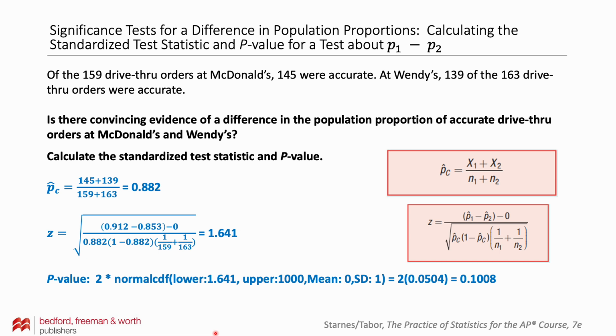So we can use the calculator or we can use our table A. But remember, you can use the normal CDF and just find one side and then double it, which we get 0.1008, which will be our p-value. Or we can use our table A, find the left one, which would be the negative 1.641, and then whatever we get there, we can double that value.